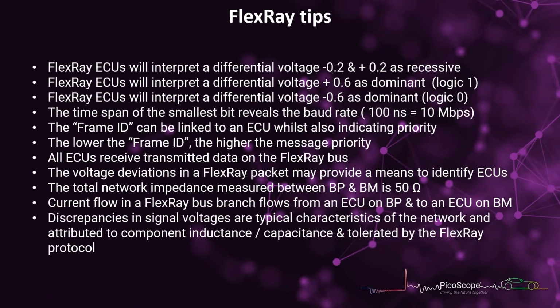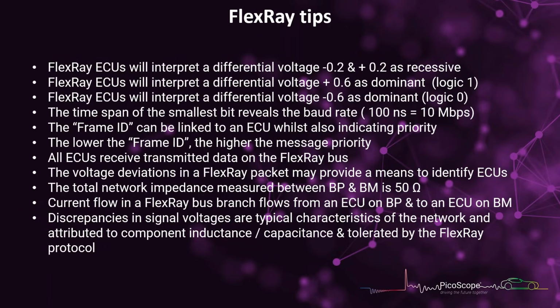Trying to use a current clamp on FlexRay is possible, but it has a few issues that we'll demonstrate, simply because the bandwidth of the current clamp is 20 kilohertz and above in some instances, where FlexRay is up at 10 megabits per second, we're at 10 meg. So we're outside the range of the current clamp. That's not to say we can't use it. Let's try it, let's see what we can find.